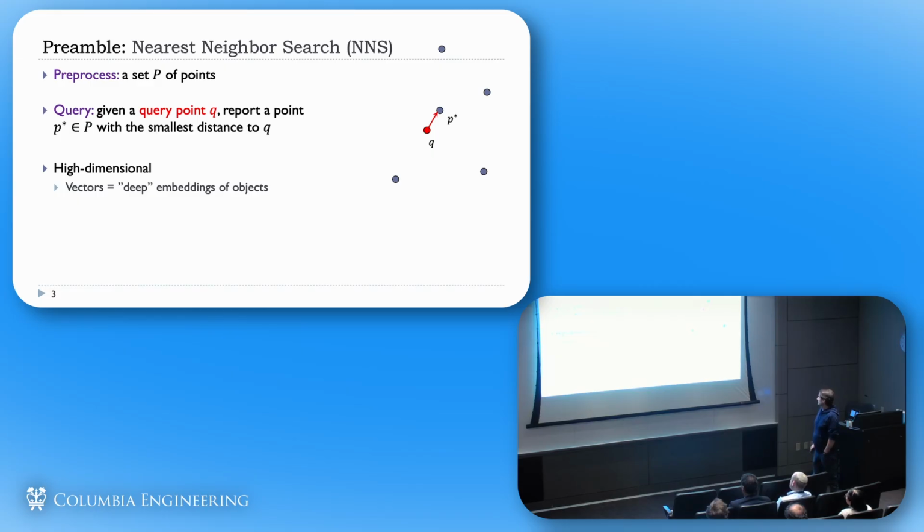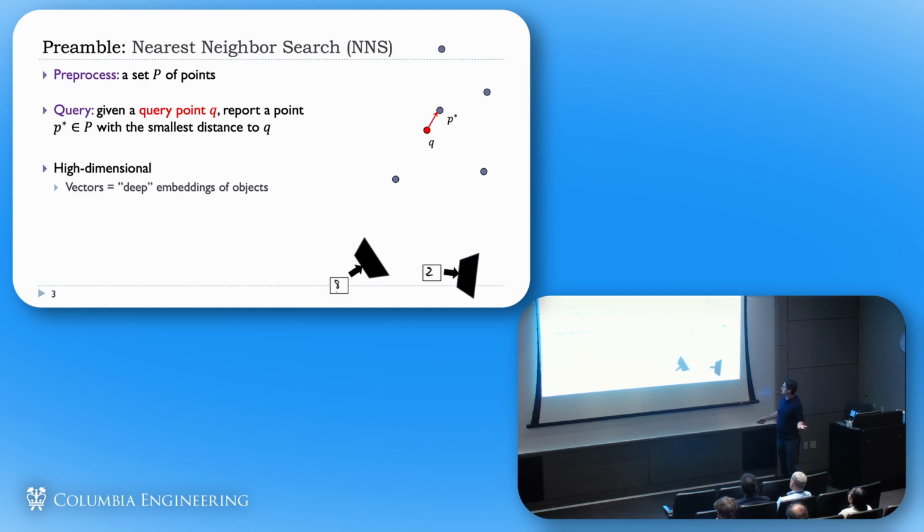And why do we care about vectors which are high-dimensional? Maybe we don't need to say it today, but this problem has been studied for a few decades. The reason really is that nowadays these vectors come from deep embeddings of objects. So you have some objects, let's say your data set is of images, and you want to do some kind of similarity or prediction about the images.